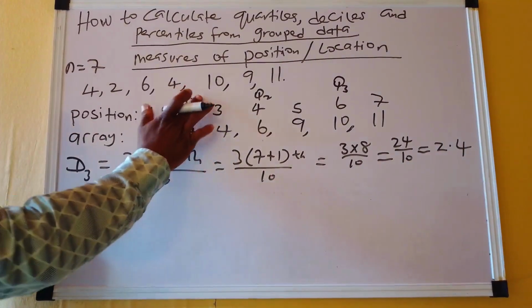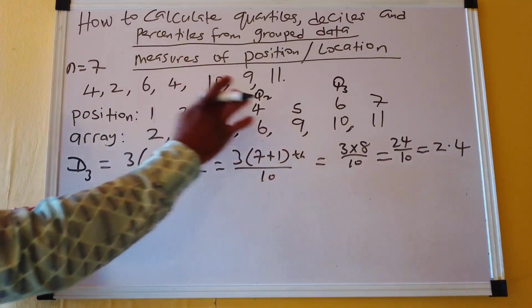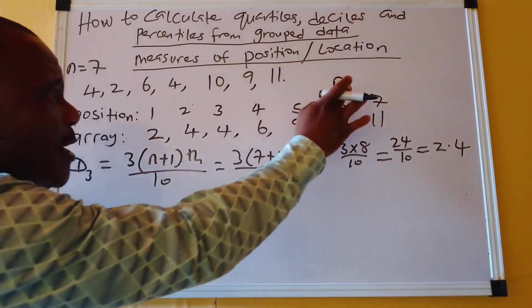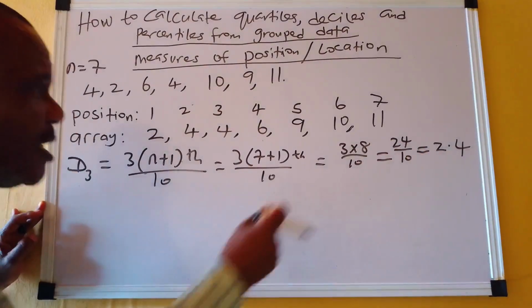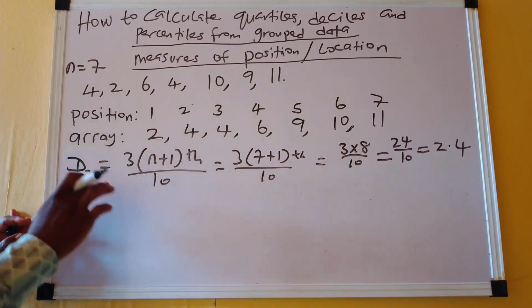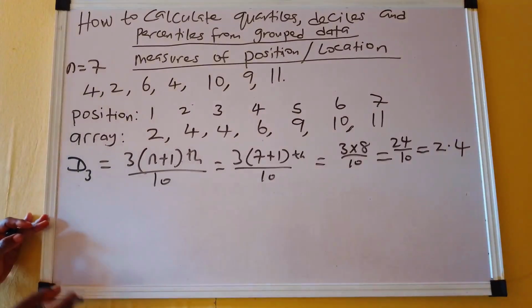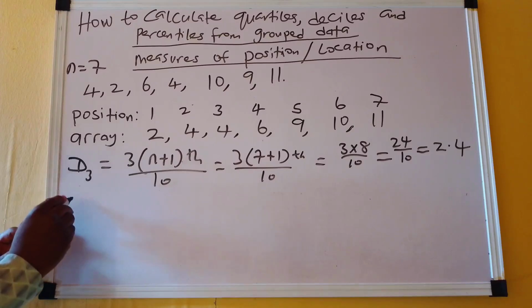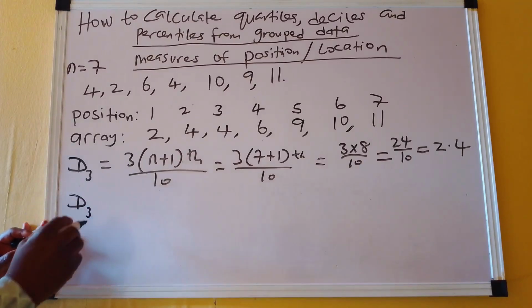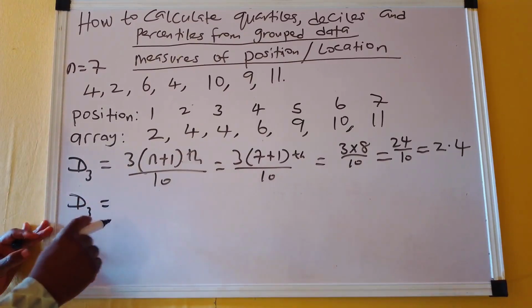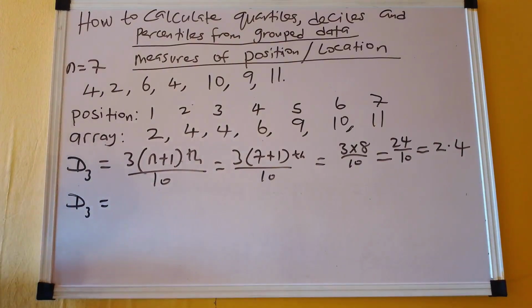What is the data point in the second position? So that means this D3 is between the second and third position, 2.4. So the first thing we do to calculate the actual value of this third decile is to pick the element in the second position.